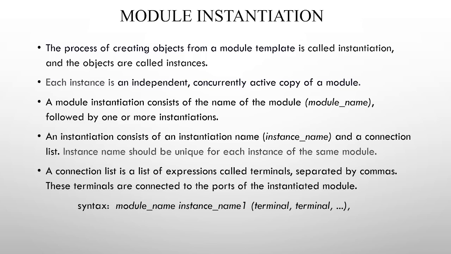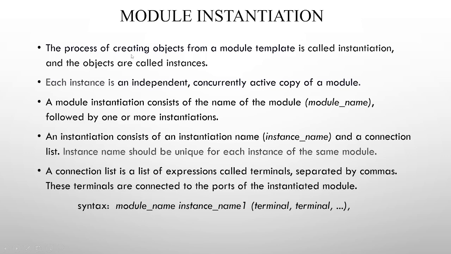This is what is called instantiation. Instantiation is a copy of the original one. You could remember it just like that: a copy of the original is nothing but the module instantiation. That means it is an active copy of the original module.